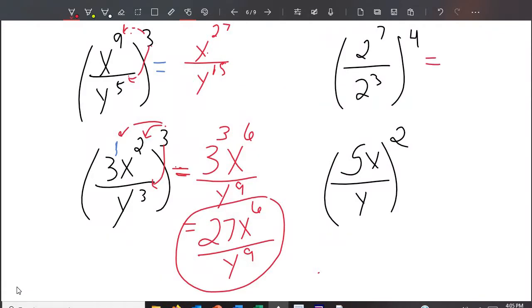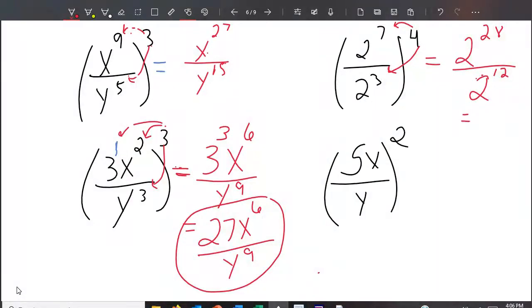This one, let's do the rule for exponents. We multiply the 4 by the 7, we'll get 28. Still got a 2. Multiply the 4 by the 3, we'll get 12. So I have 2 to the 28th over 2 to the 12th.